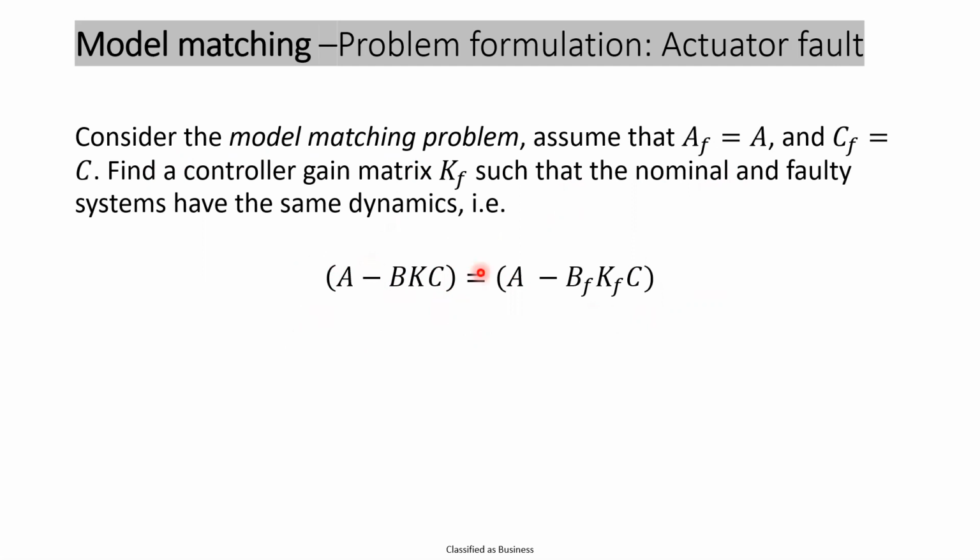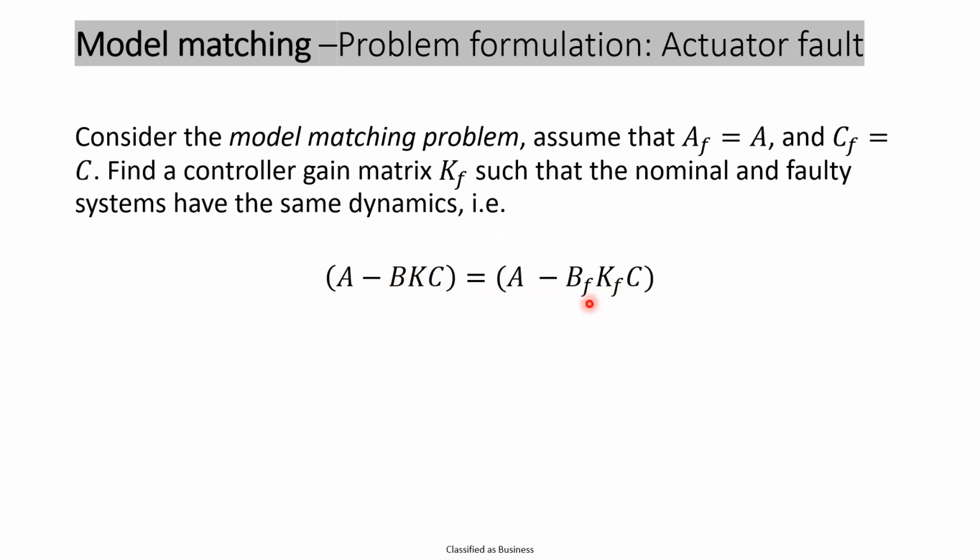So again, if you cancel A, then you have BKC equal to BFKFC. One more time, it doesn't mean that necessarily BK should be equal to BFKF, but if BK is equal to BFKF, then this equation will hold. So we go for that case. There is a necessary condition you will see, but what we are going to write is BK equal to BFKF. Again, everything is known, the only unknown is KF.